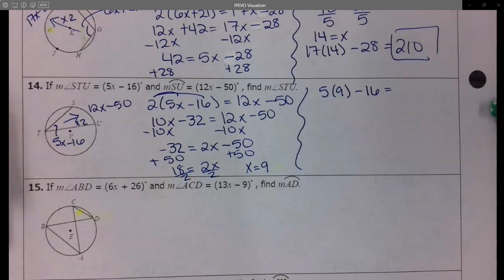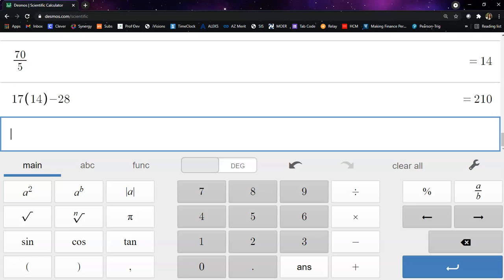So then I will go ahead and just type this whole thing into Desmos. I'm going to do 5 times 9 minus 16, which gives me 29 for my final answer.